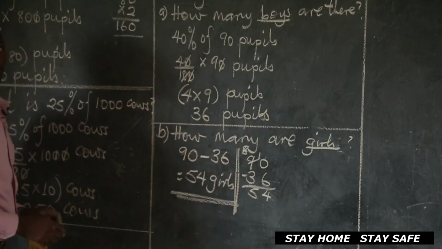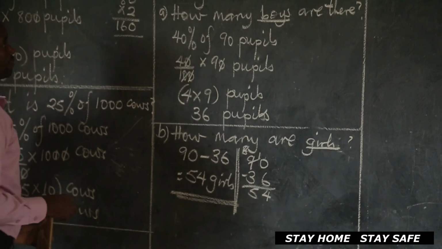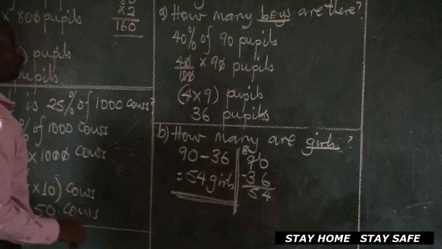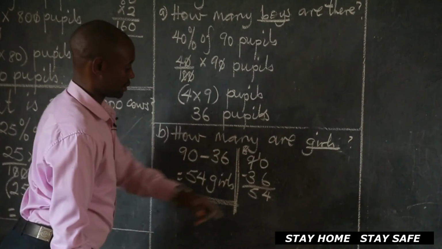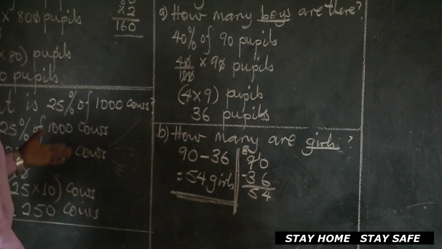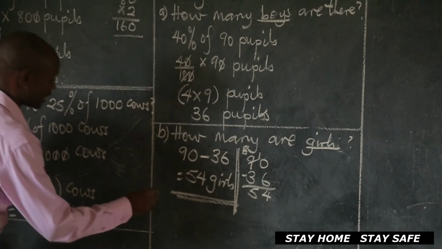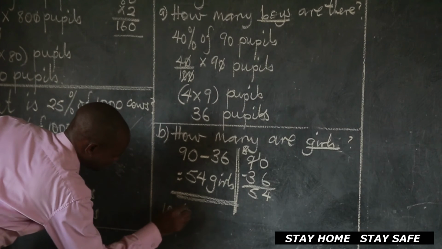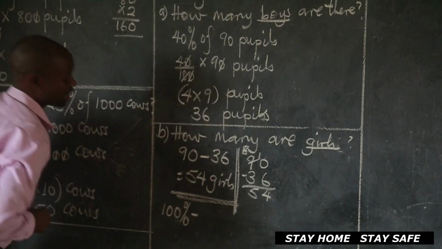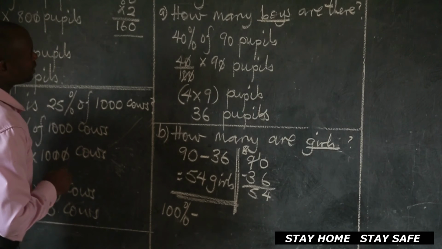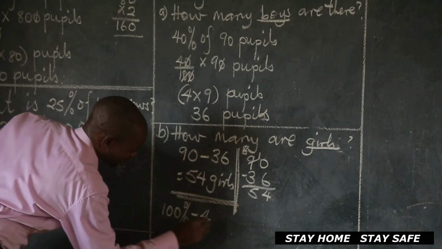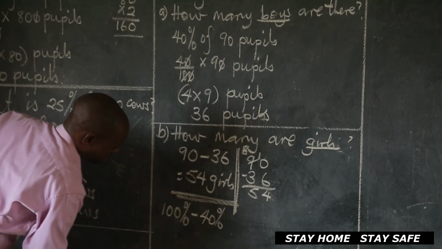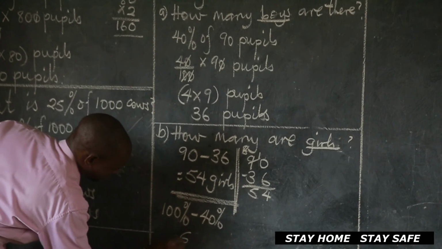If you don't want to use this method, then you can first calculate the percentage of girls. Do you still remember how to get the missing percentage? I told you, you get 100%. Then you take away the percentage of boys, which is 40%. Then the percentage you will get is 60.